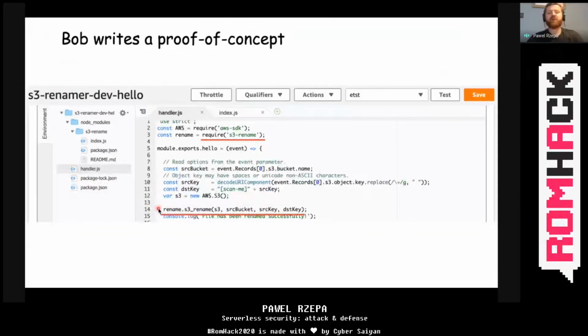So Bob wrote the following code. From the event JSON file, he pulled the bucket name. Also from the event JSON file, he pulled the name of the file that is uploaded to this bucket. And then the new name is created by adding the prefix scanme to the old name.